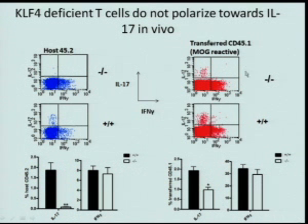But if we took wild type MOG reactive CD45.1 cells and transferred them into KLF4 deficient hosts, while they made equivalent amounts of gamma interferon, the host CD45.2 KLF4 deficient T cells made no IL-17, and in fact had a suppressive effect on the transferred in CD45.1 T cells in their ability to make IL-17.